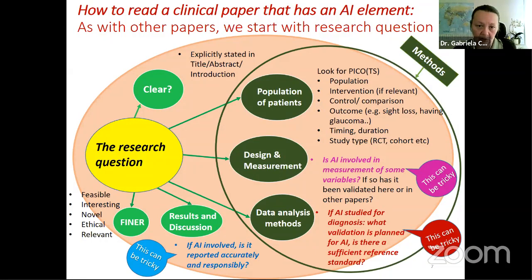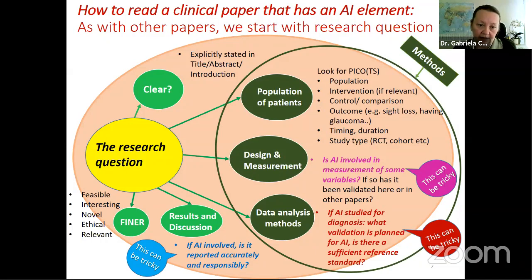So this will be all in this green circle, which I call the methods section. And in this methods section, there are two tricky parts. One is that AI may be involved in the measurement, for example, in the measurement of the capillary non-perfusion. Or AI may be involved in the actual diagnosis, like the automated glaucoma diagnosis. So this can be the tricky part.